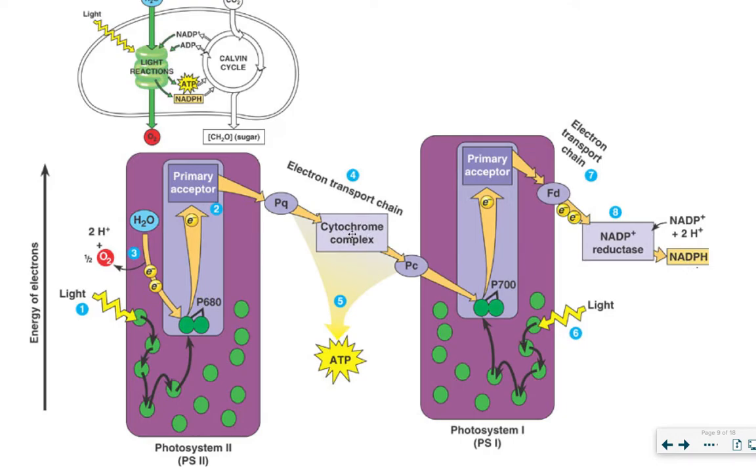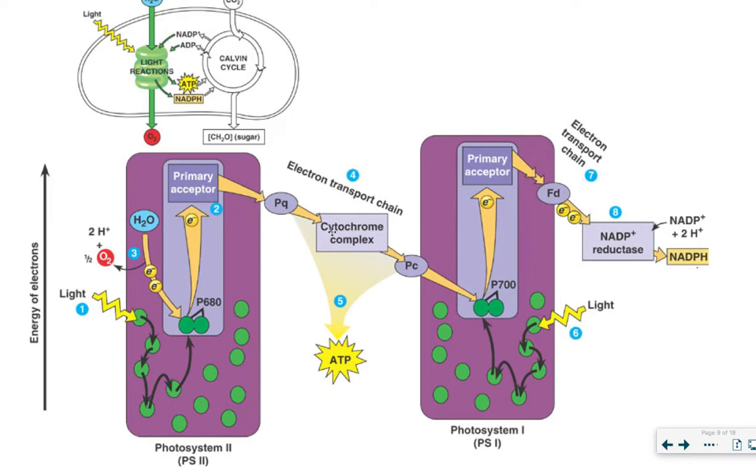The hydrogen atoms that are in the stroma of the chloroplast are pumped into the thylakoid lumen. We will take a look at an image that illustrates that directionality of flow on the next slide.